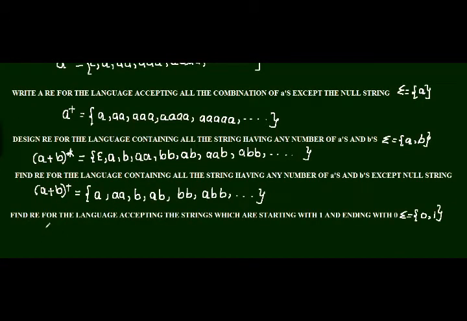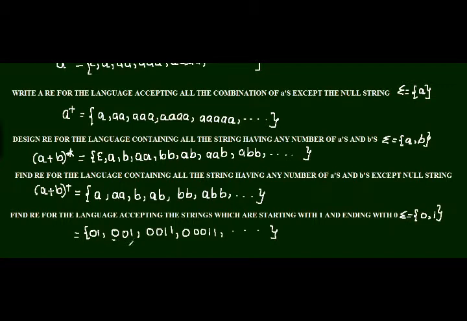One more question written over here. Find regular expression for the language accepting the strings which are starting with 0 and ending with 1. So the string can be 01, or it can be 001, or 0011 and so on. So it can be 01 because it should start with 0, ends with 1.